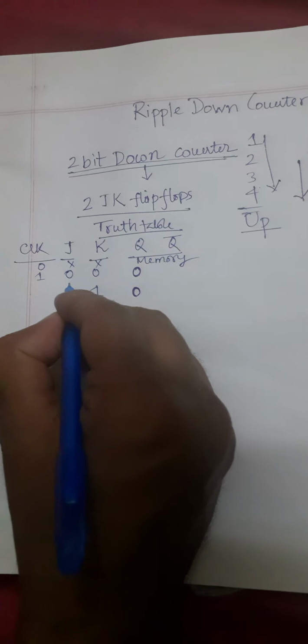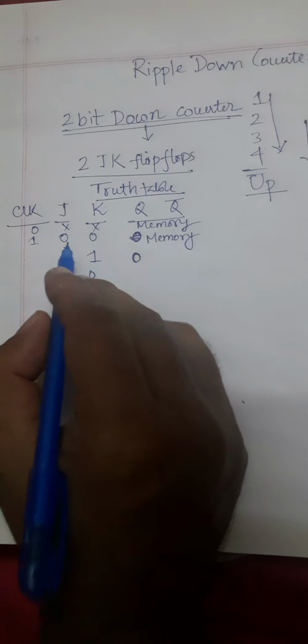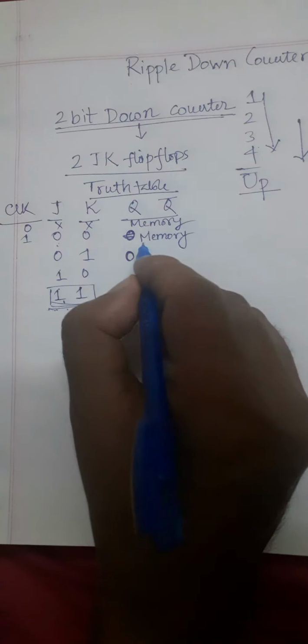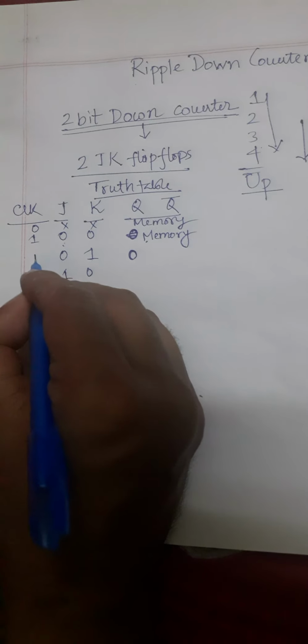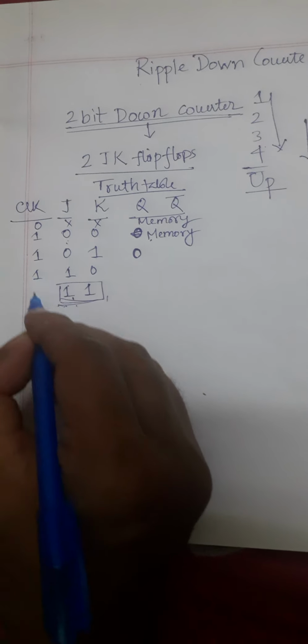When clock pulse is given but the J input is 0 and K input is also 0, instead of writing 0, I think I wrote it mistakenly. Instead of writing 0, I have to write memory here. The same goes for the other inputs as well. When clock pulse is working, at that moment only we will get some sort of output.